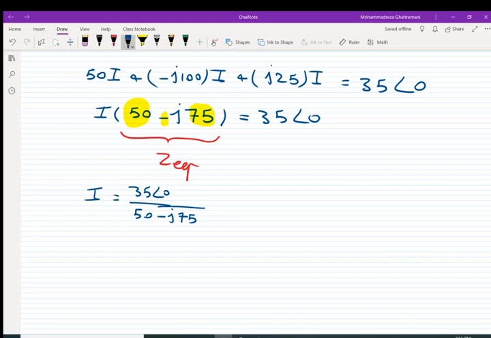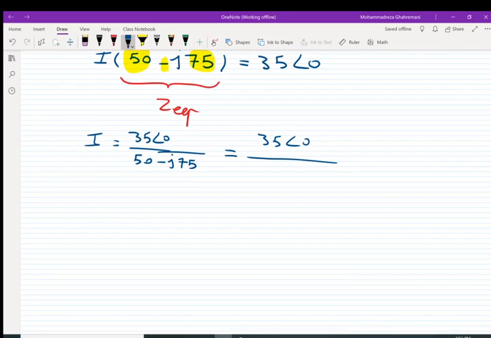How can we find the answer? We want to divide two complex numbers. If you remember from the complex number lecture, in order to divide or multiply two complex numbers, we need to convert both of them into polar form. Here the numerator is in polar form, but the denominator is in rectangular form, so we need to convert the denominator into polar form. We already have the equations.